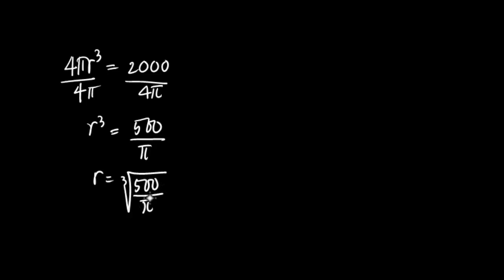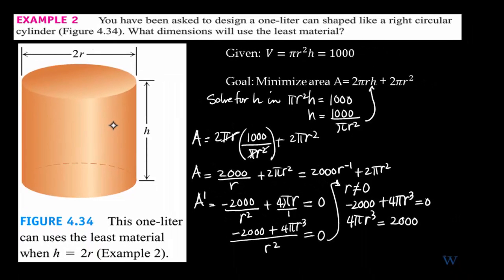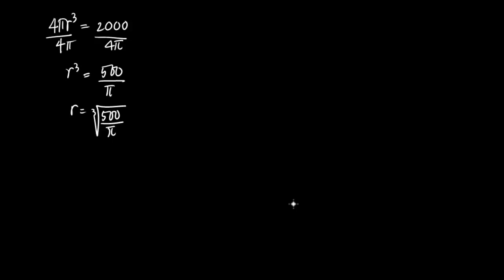Now, going back to what is our first derivative. It was minus 2000 over r squared plus 4 pi r. So let's go ahead. So V prime is minus 2000 r to the negative 2 plus 4 pi r.